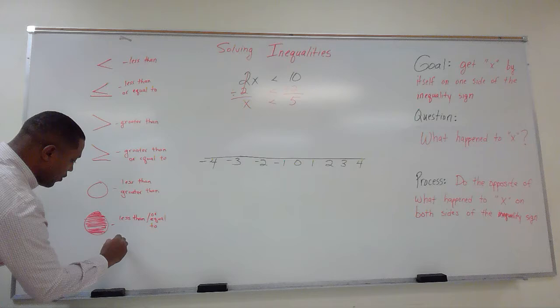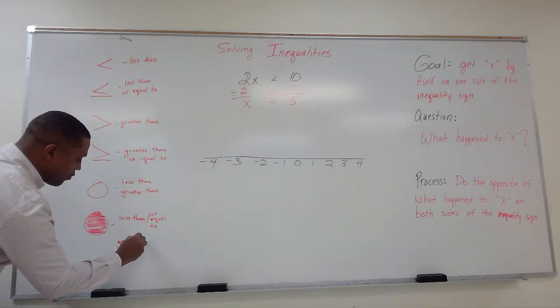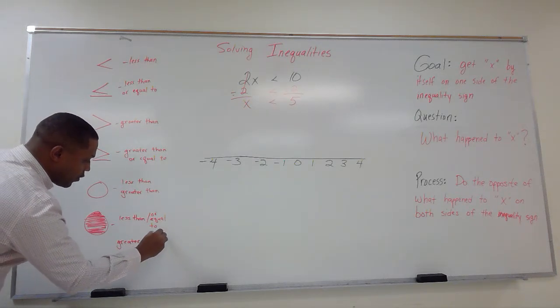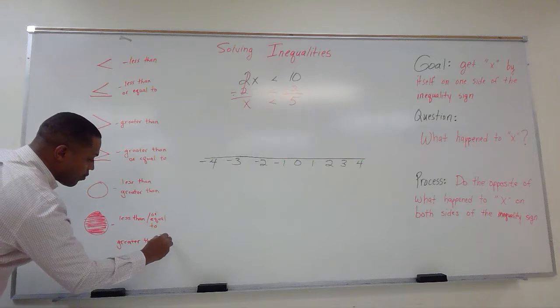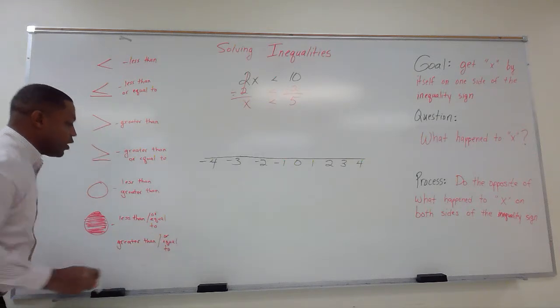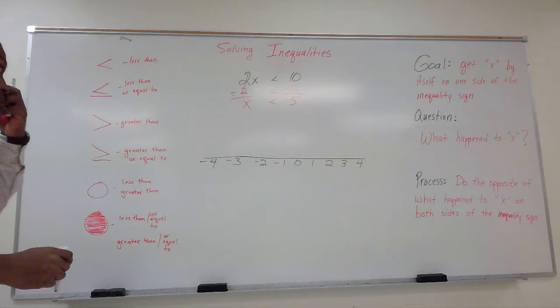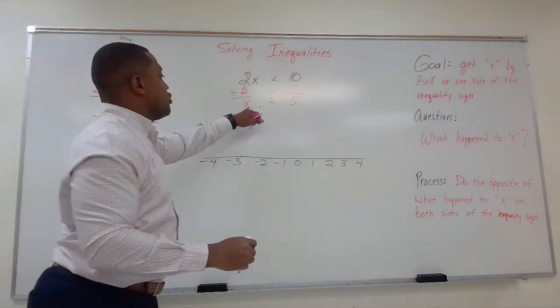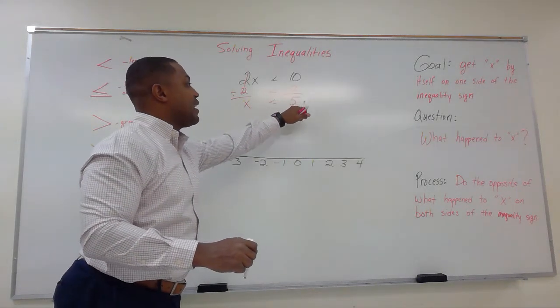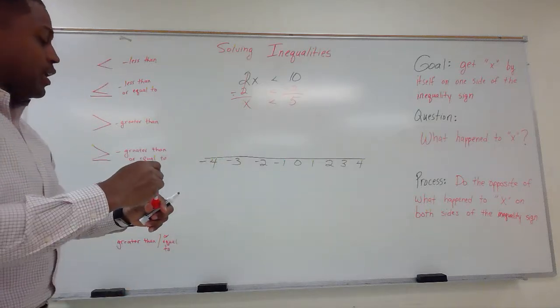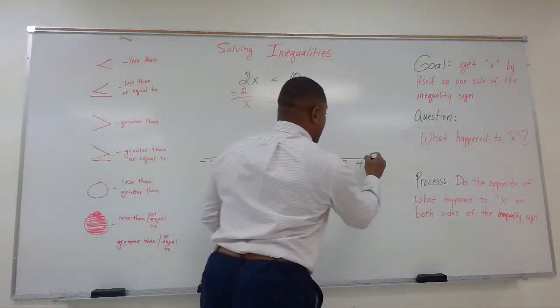Or greater than or equal to. Okay? So, with that being said, what I'm going to chart is x is less than 5. Okay? Let me put a 5 up here.